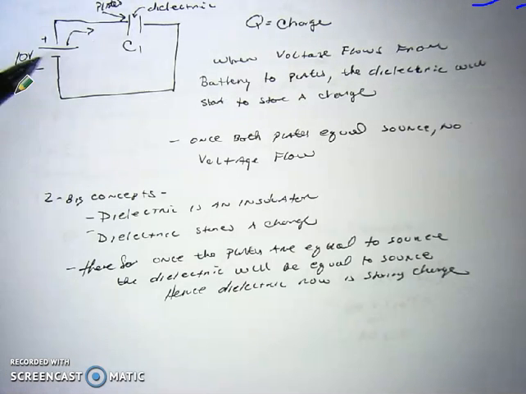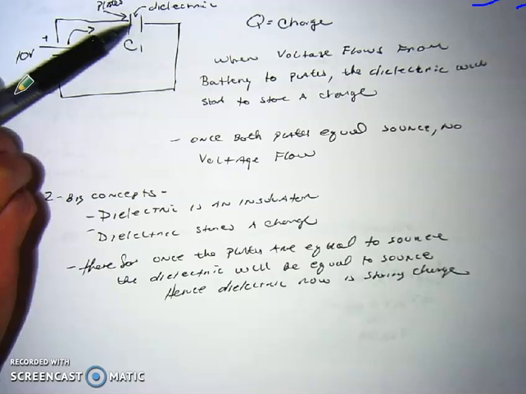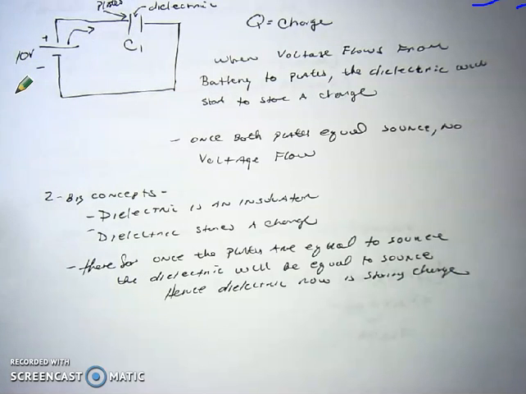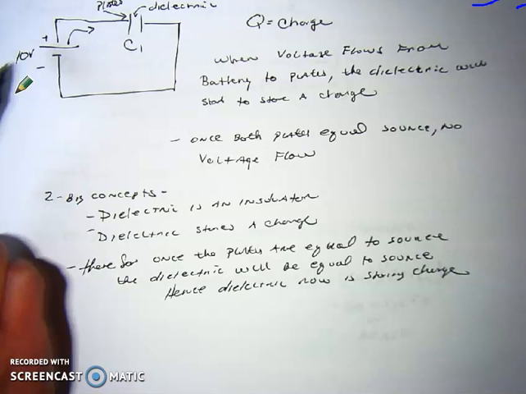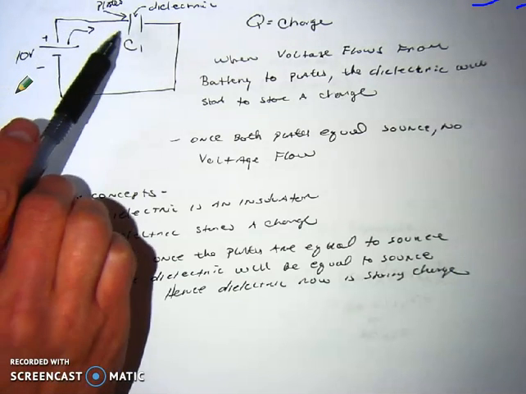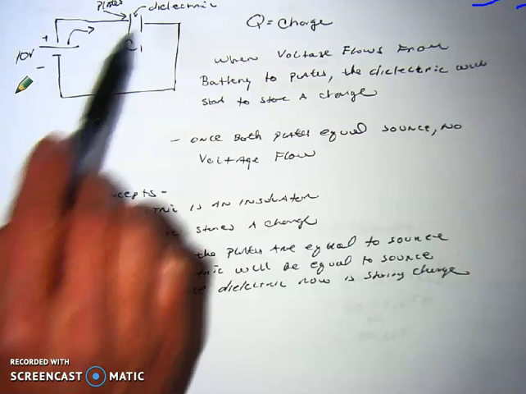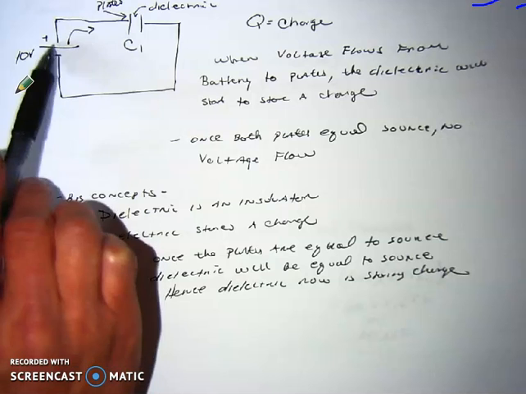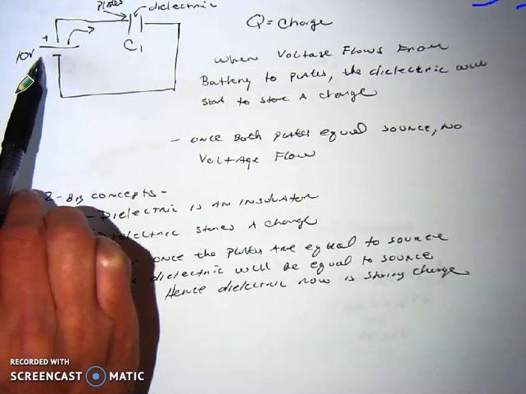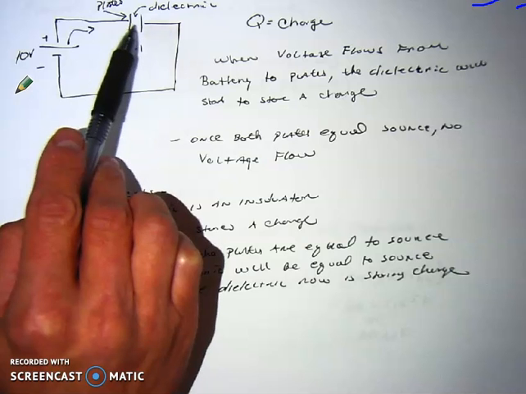In this circuit, we have a DC source, a path, and our capacitor. We have two plates and a dielectric. In this case, we're going to say our dielectric is air. When voltage flows from the battery, the positive to one plate and the negative to the other plate, this capacitor is going to equal the full source voltage. The dielectric starts storing this charge.